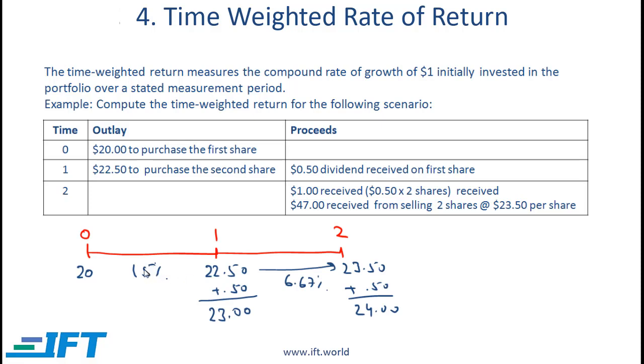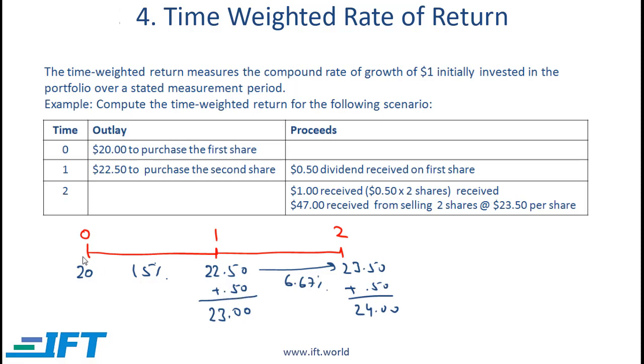To compute the time-weighted rate of return, we need to see what happens to a dollar which is invested at time 0. Notice that the investment at time 0 is $20. At the end of the first year, the stock has gone up to 22.5, plus there is a dividend of 0.50.